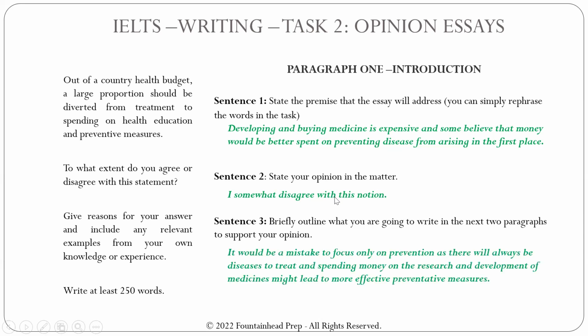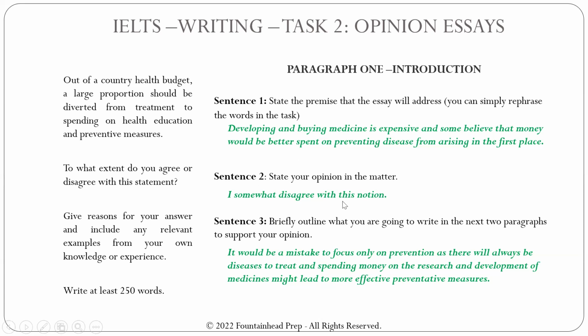After that, this is an optional thing which I'm telling you. You may do it or may not do it. In the introductory paragraph itself, you briefly outline what you're going to write in the next 2 paras. This is very good for advantage, disadvantage and other topics. In the agree-disagree topic, you may end the first para with this itself.